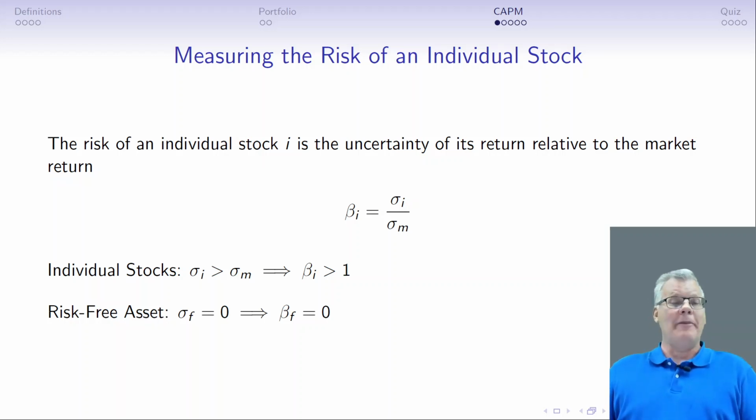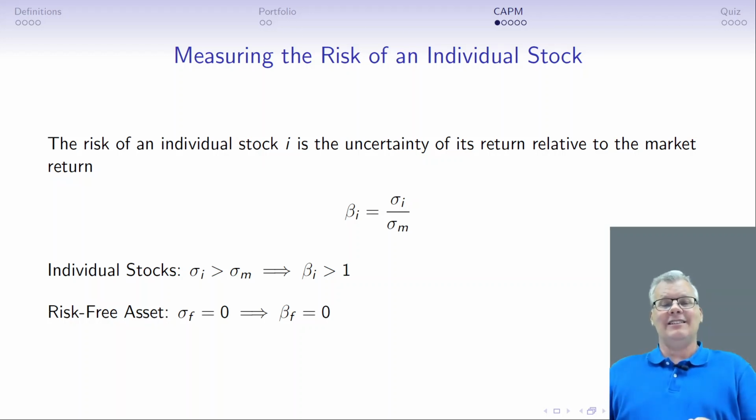You notice the denominator here, sigma sub m, is the measurement of risk for the market as a whole. Upstairs in the numerator, sigma sub I is a measurement of the risk of stock I. It's a measurement of how dispersed the rate of return is. So this ratio, sigma sub I over sigma sub m, represents how uncertain an individual stock's return is relative to the market as a whole.